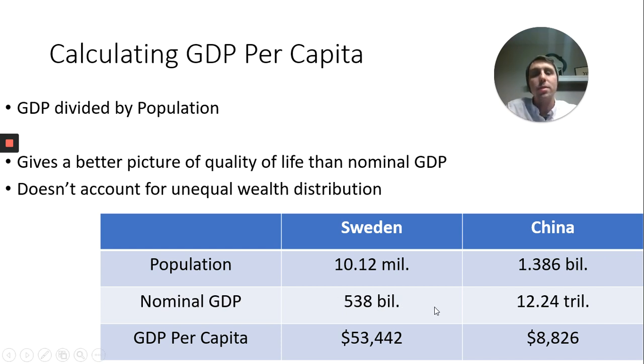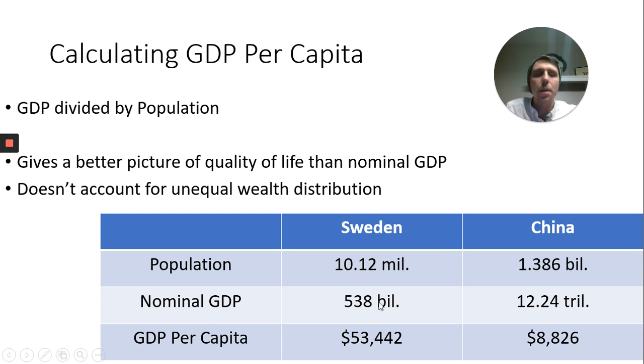If I'm taking Sweden's $500 billion, that's a lot less money, but I'm dividing it up between only 10.12 million people. So this is like two-ish Houstons, and this is like way more than two-ish Houstons, right?